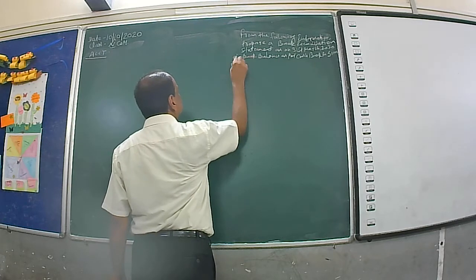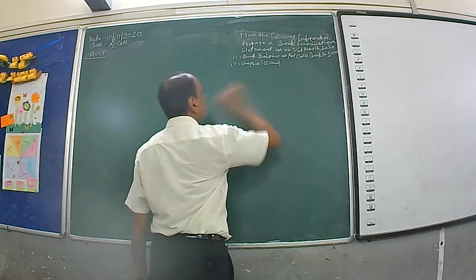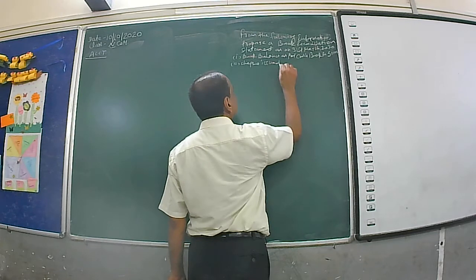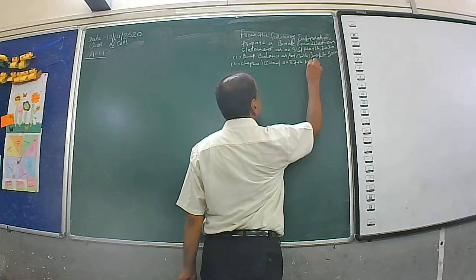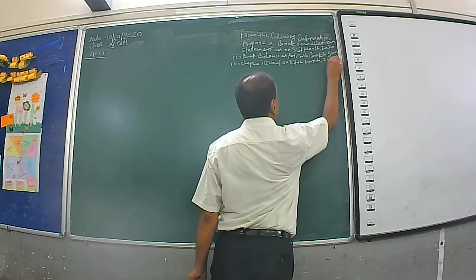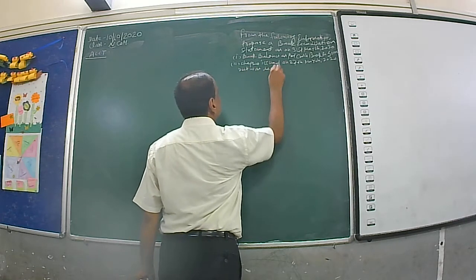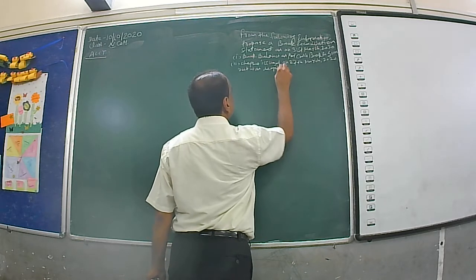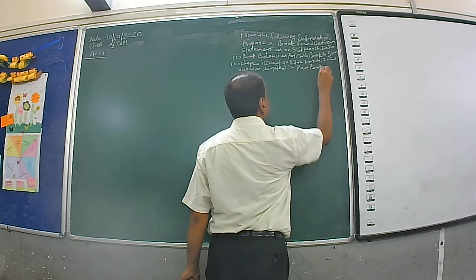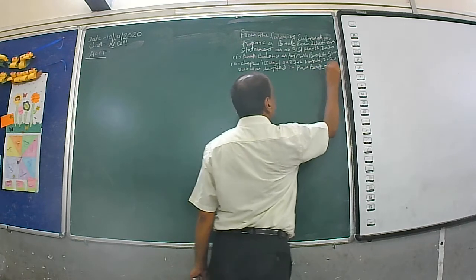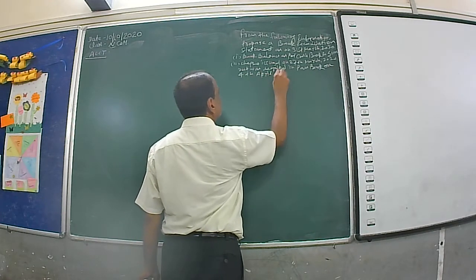Number 2, check issued on 27th March 2020 but was debited in passbook on 4th April 2020.